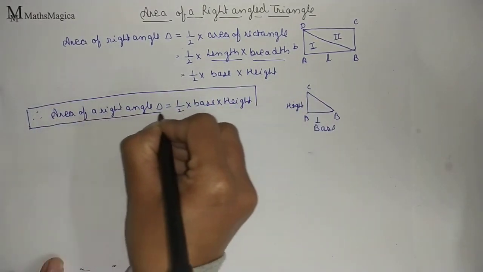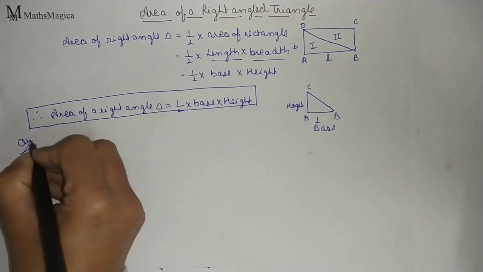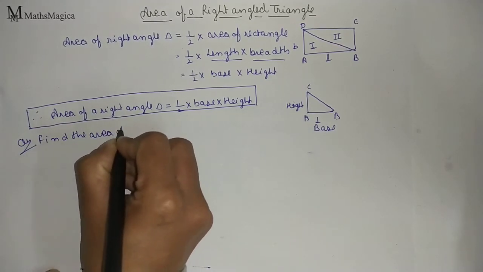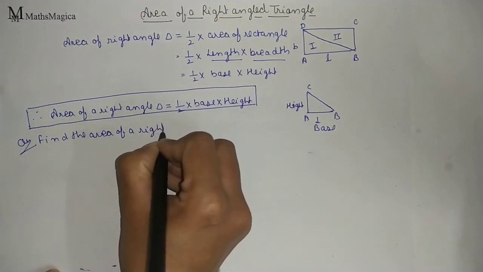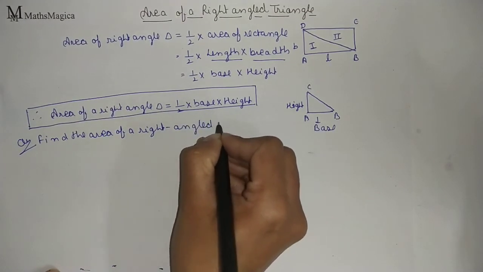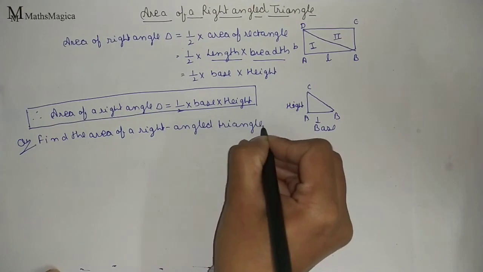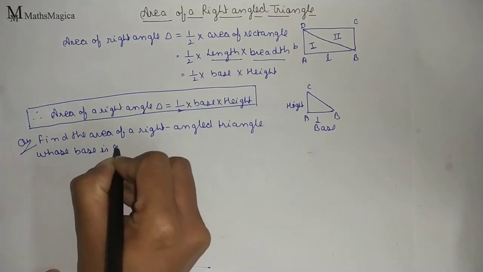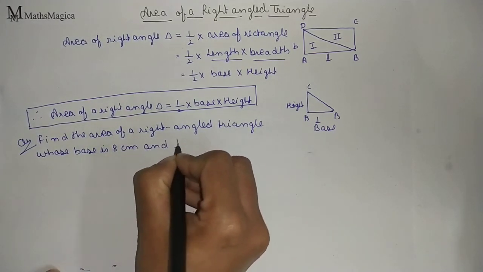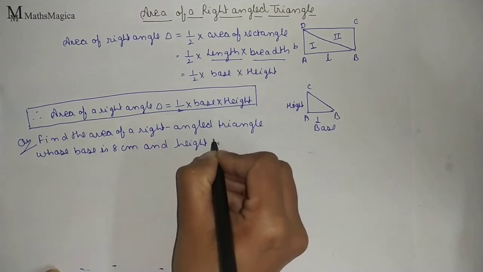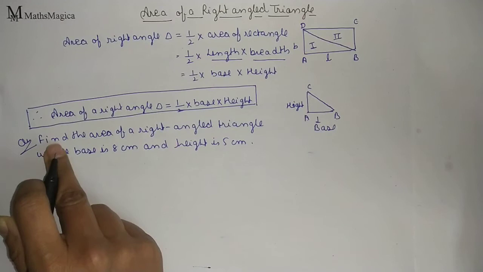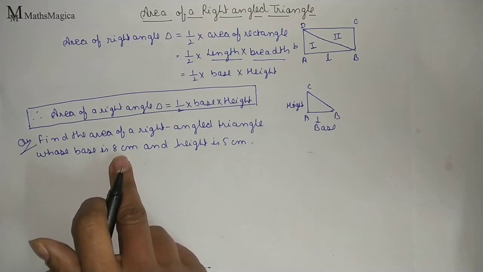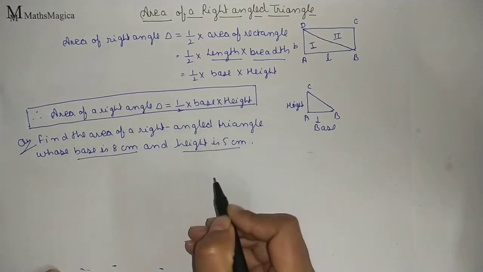Now the question is, find the area of a right angled triangle whose base is 8 centimeter and height is 5 centimeter.